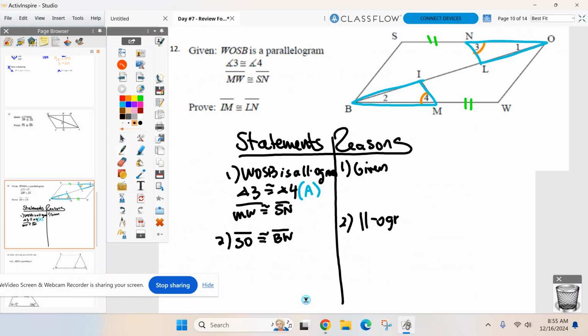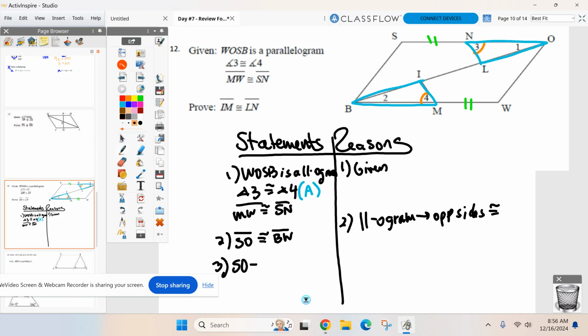Parallelogram implies opposite sides congruent. Now I can't count that as a side in those triangles I'm proving congruent, but I can get there. Where's Mia going with this? She's going to end up doing what here? Subtraction, yep, to get a pair. Good.